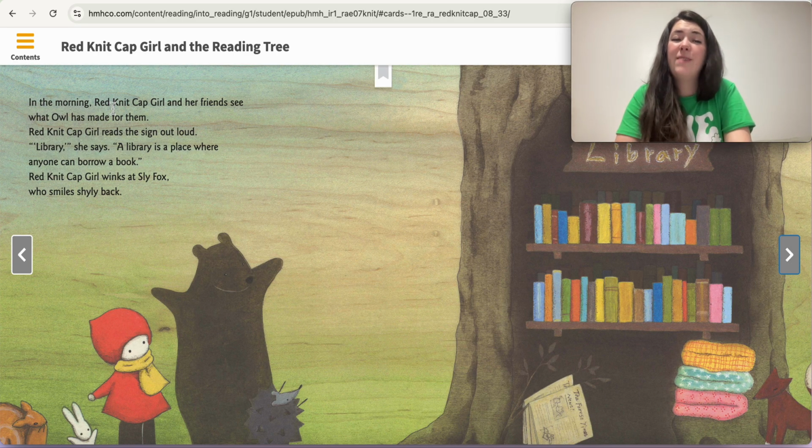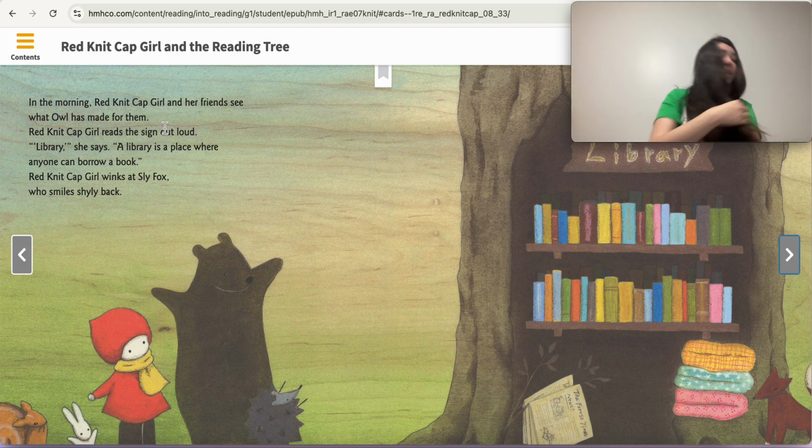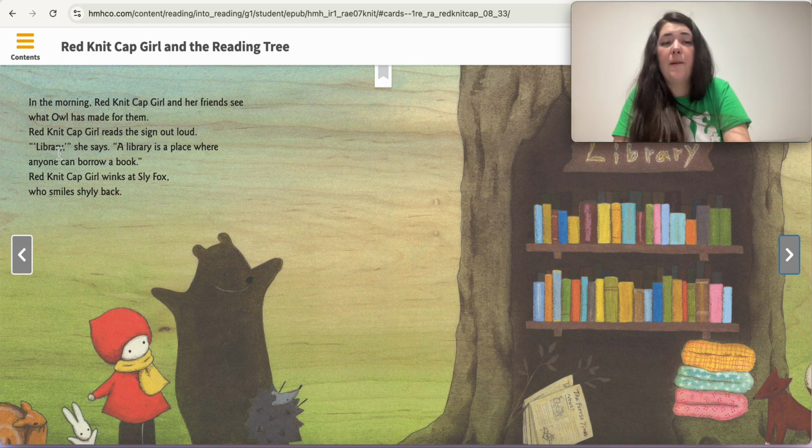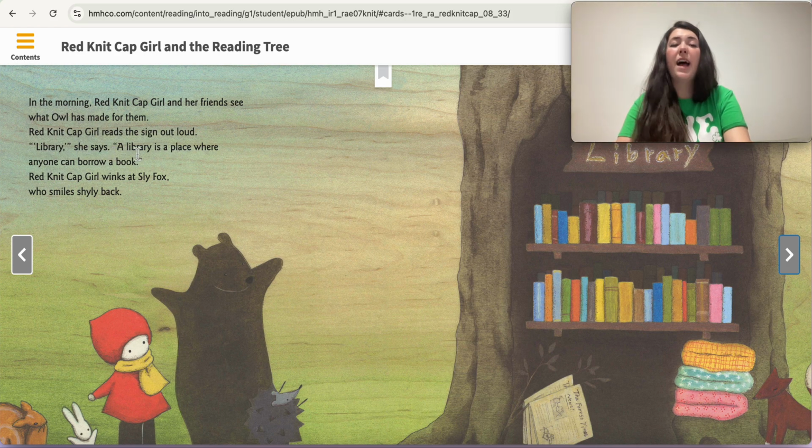In the morning, Red Knit Cap Girl and her friends see what Owl has made for them. Red Knit Cap Girl reads the sign out loud. Library, she says. We guessed that. We predicted that. A library is a place where anyone can borrow a book.